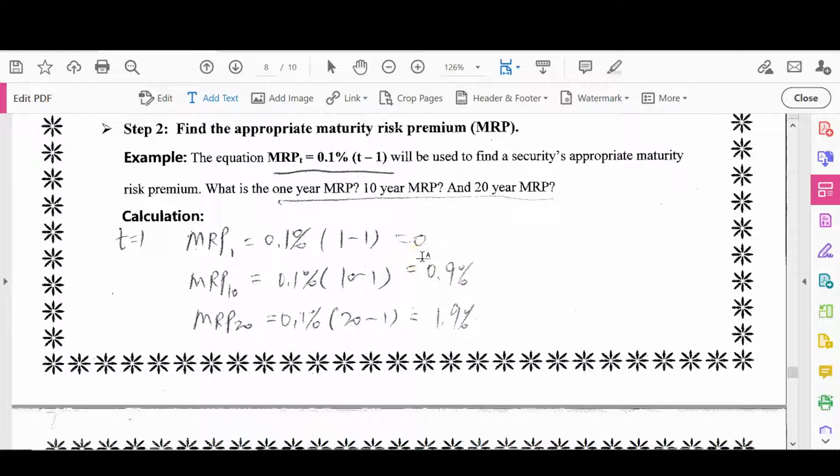Remember for short-term bonds within 1 year, usually we assume there's no maturity risk, so MRP is 0 here. When T is 10, MRP 10 equals 0.1% multiplied by 10 minus 1, so we have 0.9%. MRP 20 is 0.1% multiplied by 20 minus 1, so we have 1.9%.